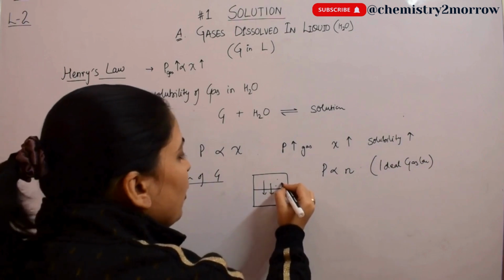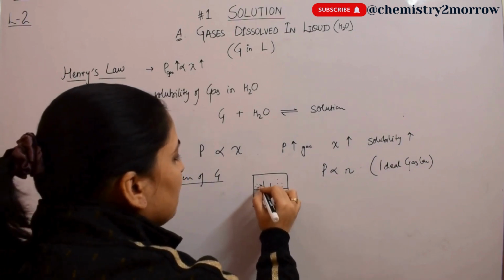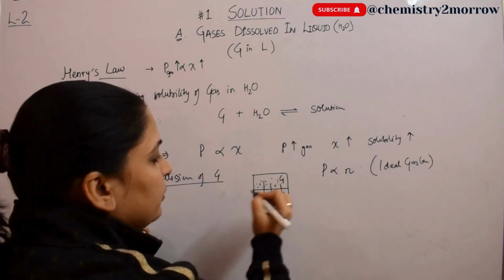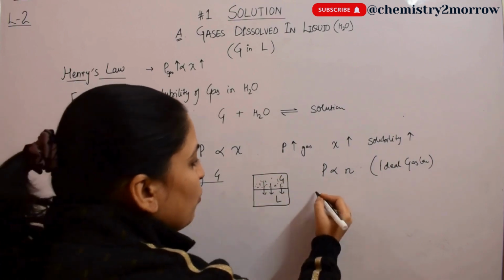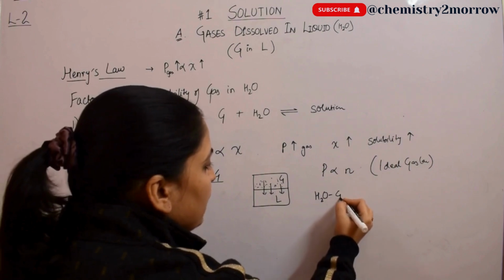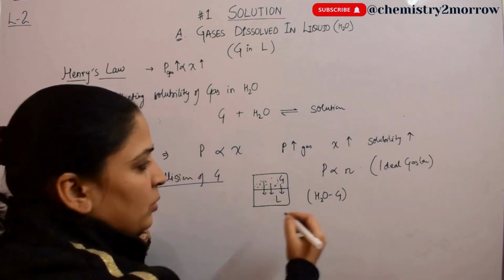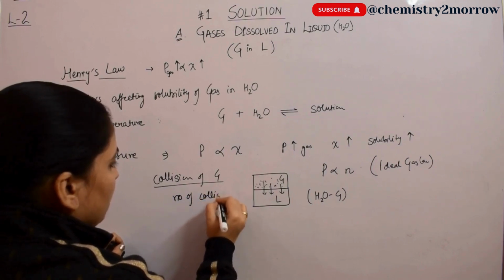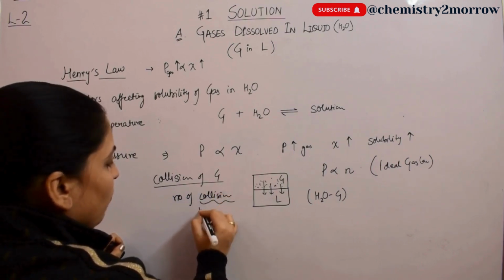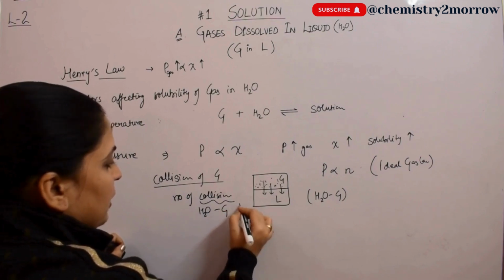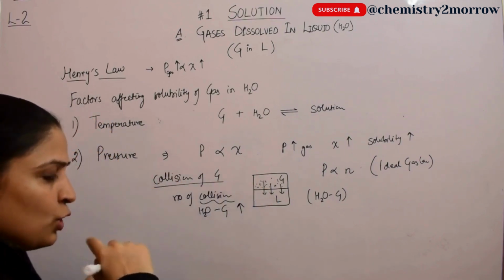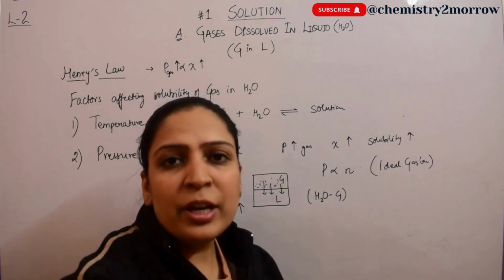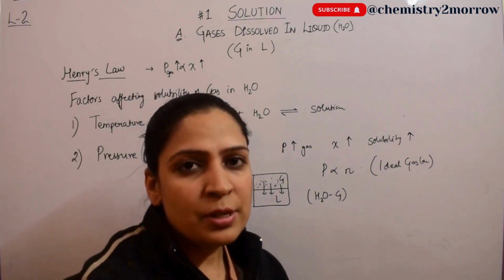So more molecules are present to strike the surface of the liquid. So there are more chances of water to gas interactions, because the number of collisions between water and gas has increased. So there are more chances of forming some intermolecular interactive forces or bonds.